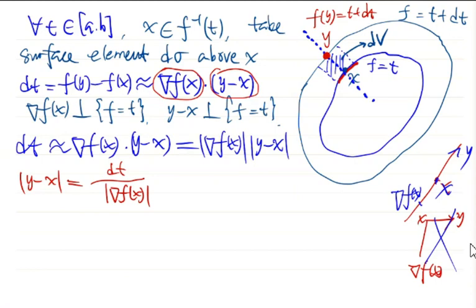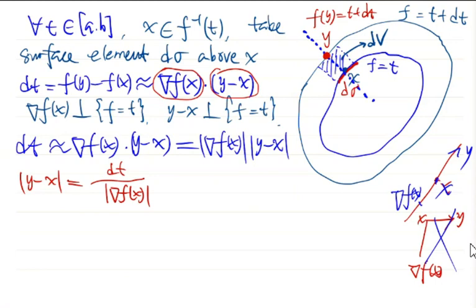This part can be the cylinder whose base is the small surface element d sigma, and whose height is the norm of y minus x. The volume is the norm of y minus x multiplying the area of the base.